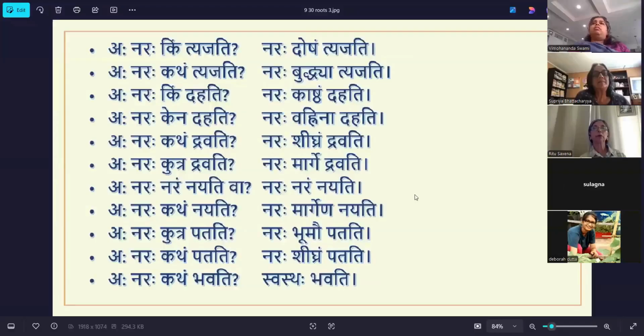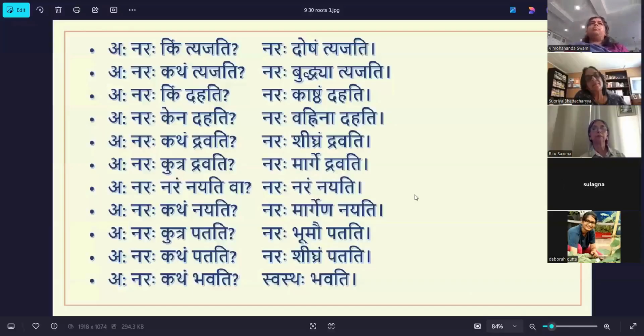Shanai means slowly. In the Gita there is a verse, Shanai Uparamet. See how many words we are learning here: Shigram, quickly; Shanai, slowly; Bijam, seeds; Kshetram, field; Hasta, hand; Bhara, weight.